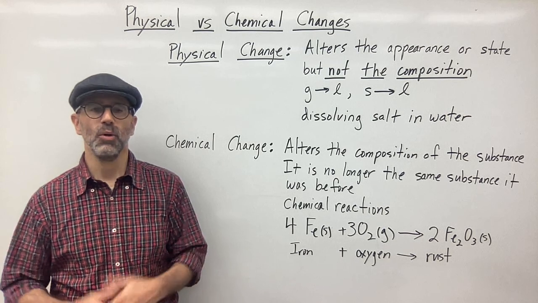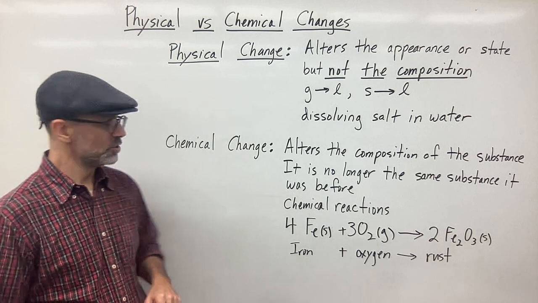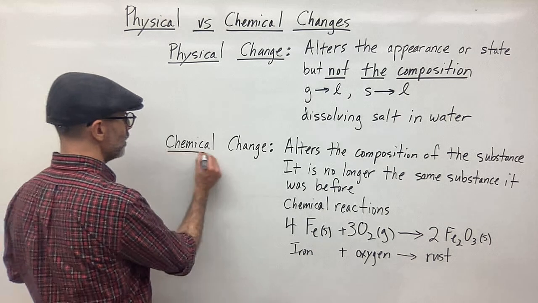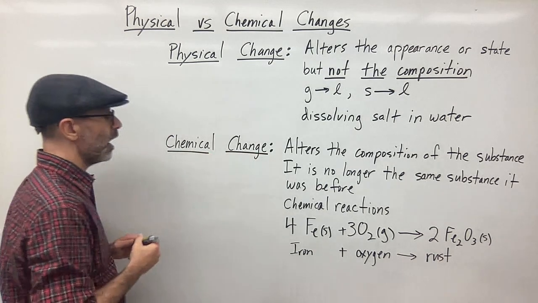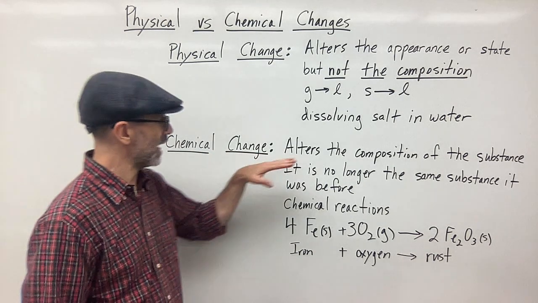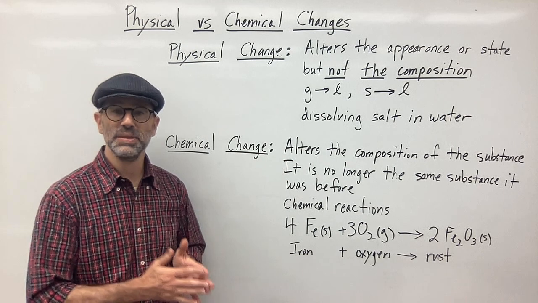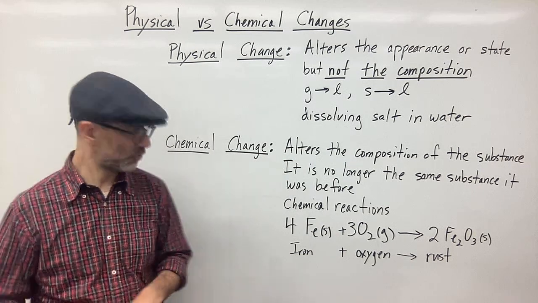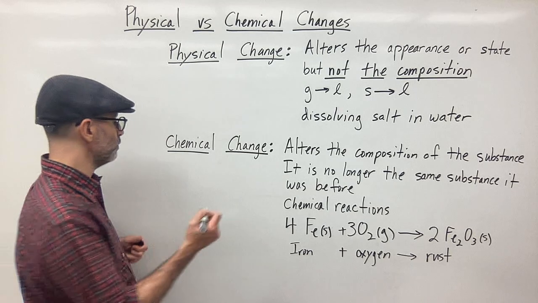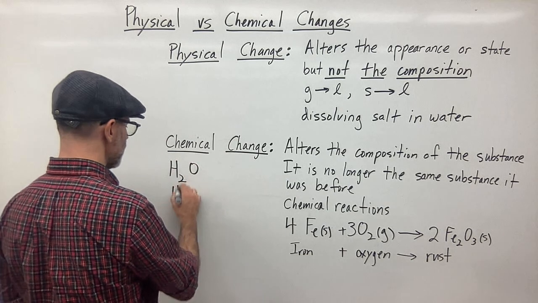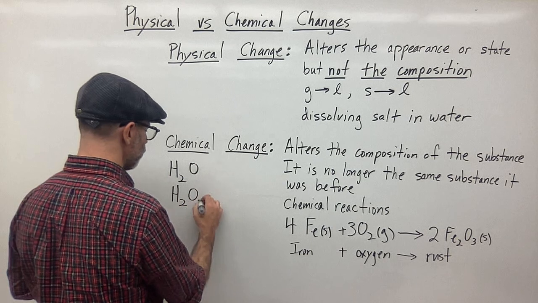Well, what about chemical changes? So, chemical changes, let me underline chemical changes here. The chemical changes actually going to alter the composition of the substance. The substance becomes something else, right? So, for example, I have H2O versus hydrogen peroxide, H2O2.